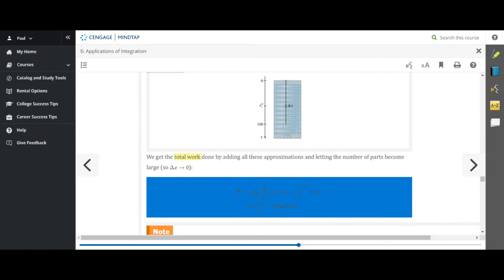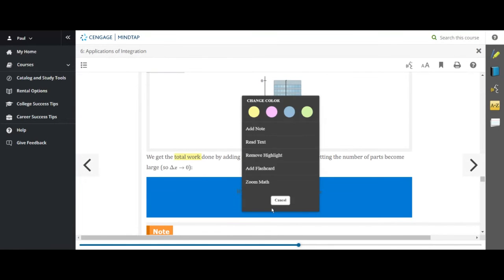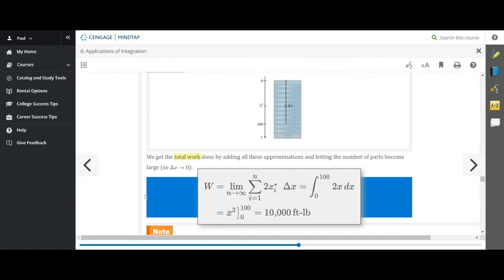To find out the entire work needed to lift that 100 feet of cable to the top of the building, you add up all the little pieces of work to bring up each little piece of cable to the top of the building. And it turns out that the amount of work is 10,000 foot-pounds.